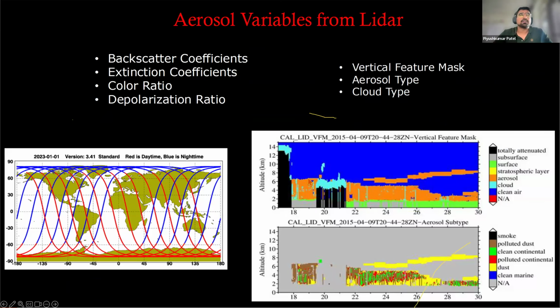So this is just an overview of how the LiDAR will provide the information. You will have backscatter coefficients, extinction coefficients, the color ratio, and the depolarization ratio. Color ratio and depolarization ratio will help you to identify the aerosol types, which is a very important parameter for the climate model or for the radiative forcing calculations.